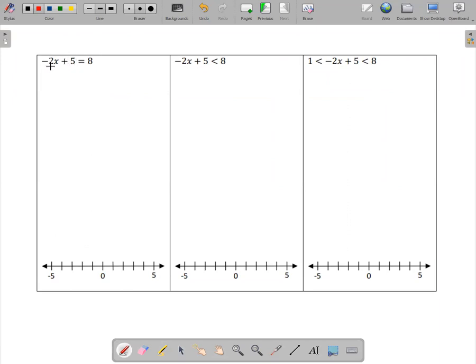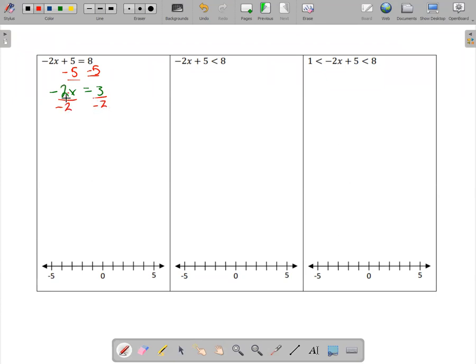Since there's nothing to do on each side, I'm ready to start moving numbers around. So I'm going to move the 5 to the right with subtraction. 5 minus 5 is 0, so that just leaves the 2x. 8 minus 5 is 3. To get rid of a multiplication, we divide by a negative.